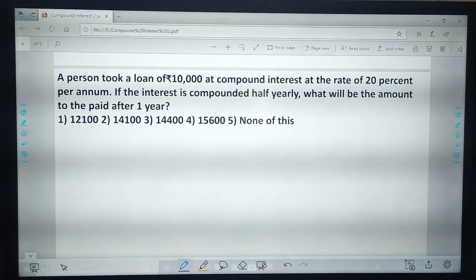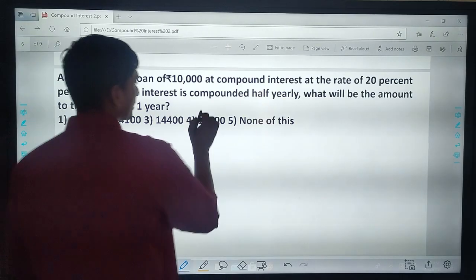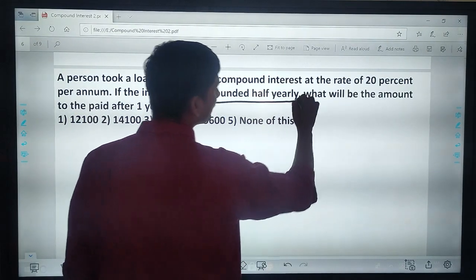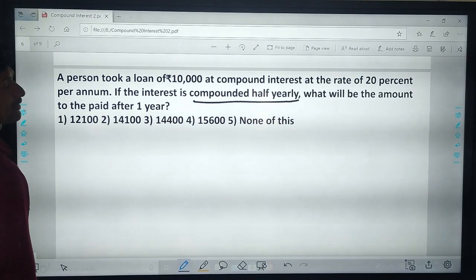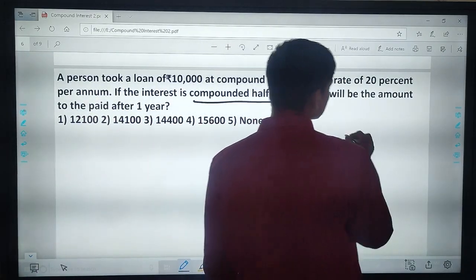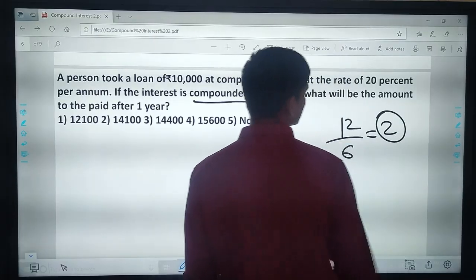A person took a loan of 10,000 at compound interest at the rate of 20% per annum. If the interest is compounded half yearly, what will be the amount paid after 1 year? Now here interest is compounded half yearly, that is for 6 months. Then 12 divided by 2, 6 is 2.